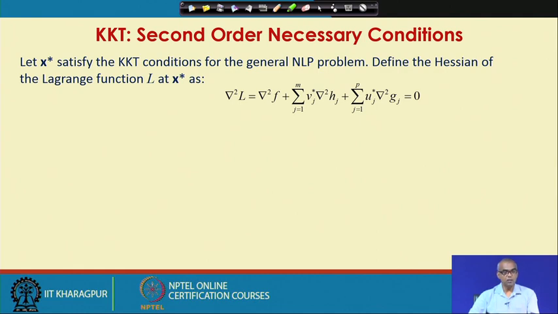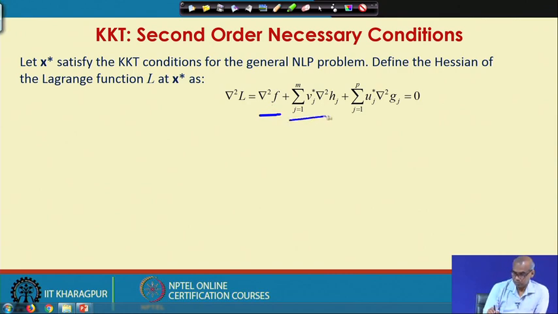You define the Hessian of the Lagrange function L at x star as grad square L equal to grad square f, the Hessian of f, plus terms for the equality constraints and for the inequality constraints. So, this is how we define the Hessian of the Lagrange function L.